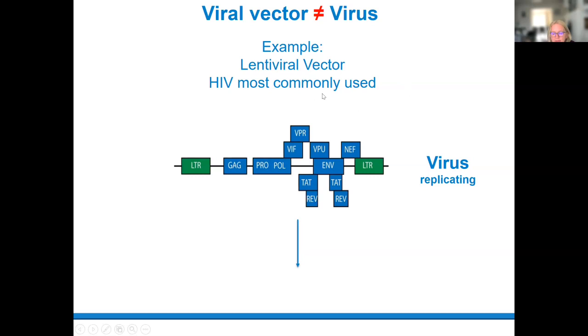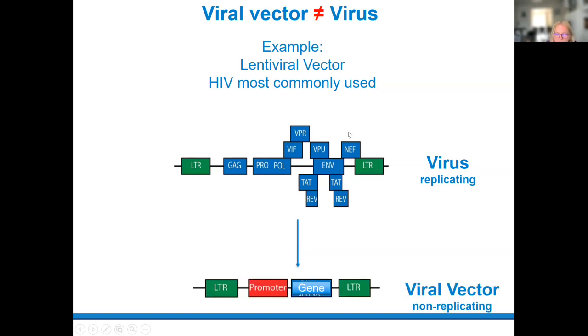So if you are affected by a disease, or if you are the father or mother of a child with a rare disease, and if I, as a scientist or clinician, tell you I'm going to treat your child with an HIV-based virus, you might be worried and you might be very hesitant. So it's really important to understand that all these nasty blue genes here, which make an HIV virus cause AIDS, for example, are removed in our viral vectors, and they are replaced by the therapeutic gene of interest.